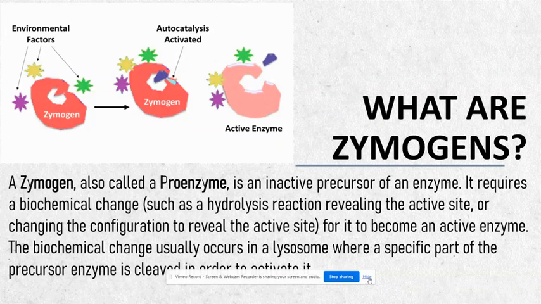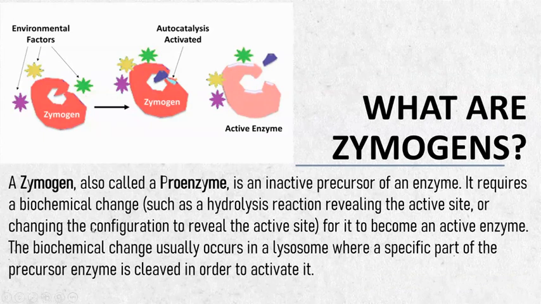So when we look at these zymogens, we begin to look at some specific things and how the enzymes shall operate. To activate an enzyme, the active sites need to be revealed. So in other words, in zymogens, the active sites are not revealed, right?